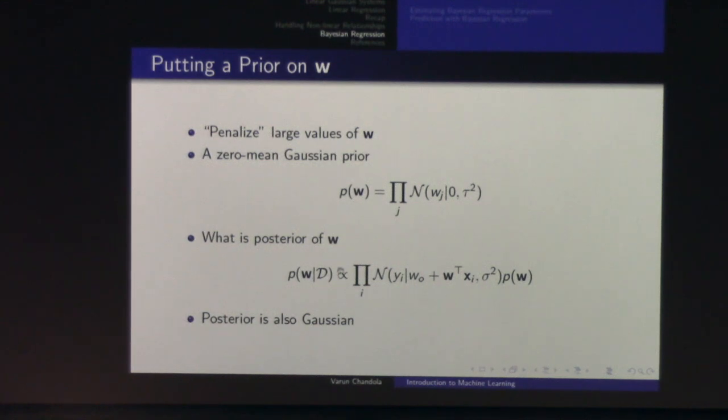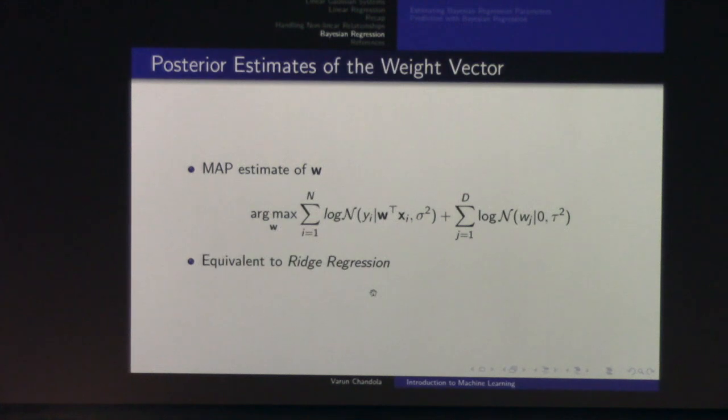In fact, we typically maximize the log of the posterior, so that instead of these products, we convert it to a summation, and it looks like this. So this part is coming from the likelihood, and this part is coming from the prior. So you are saying the best estimate of W is this plus this.